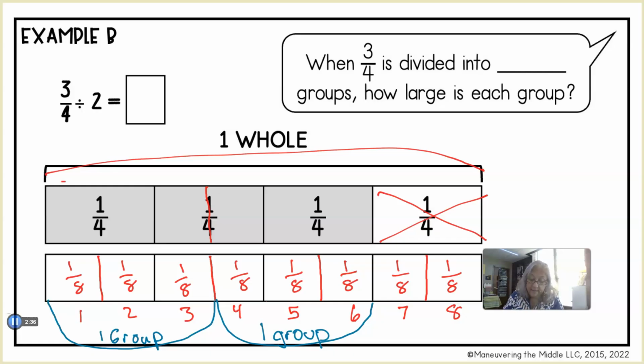Well, I have 1, 2, 3 in this group, and I have 1, 2, 3 in this group. So my answer is, how many groups was I able to divide this into? I was able to divide it into 2 groups. Okay?